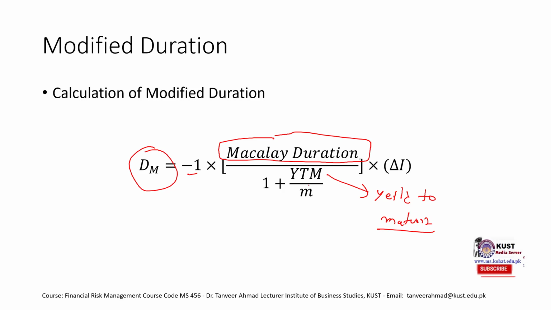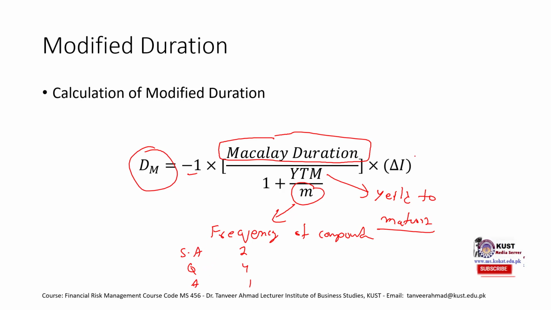Then we have M, which stands for frequency of compounding. Remember, if it is semi-annual compounding, then M would be 2. If it is quarterly, then M would be 4. If it is annually, then M would be 1. If it is monthly, then M would be 12.